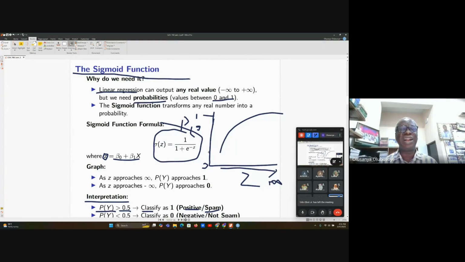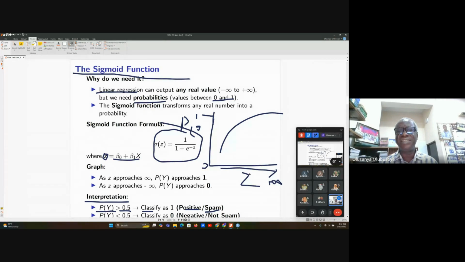I use this graph to demonstrate the sigmoid function, which on the vertical axis you have the probability. This is the probability, and the highest value that probability can take is 1. The lowest value it can take is 0.